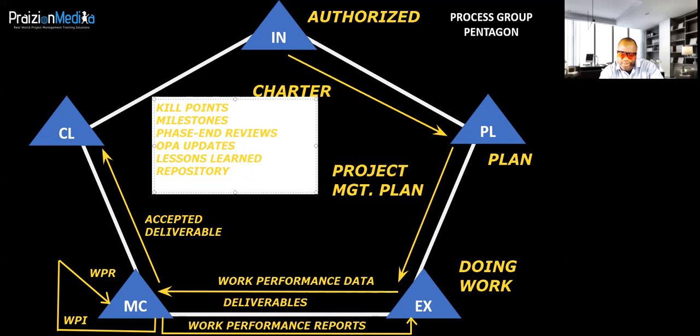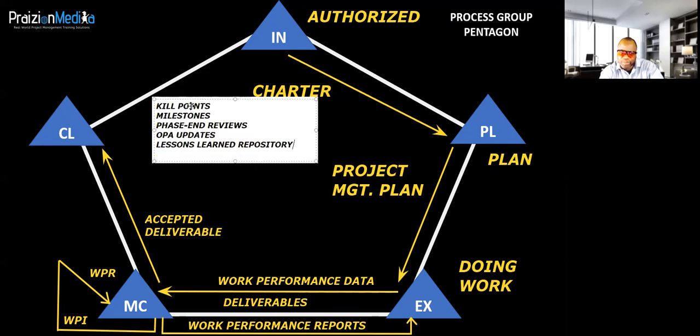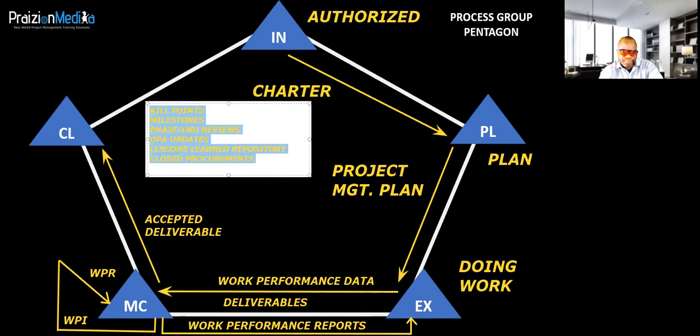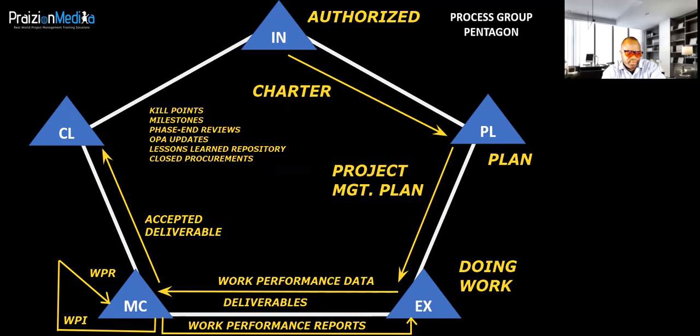I'll make it a little bit smaller. But when you think about closing out the project or the phase, you also want to think about closed procurements. In other words, things that you have to close out. All right, so you get the idea. Let's go ahead and show that.